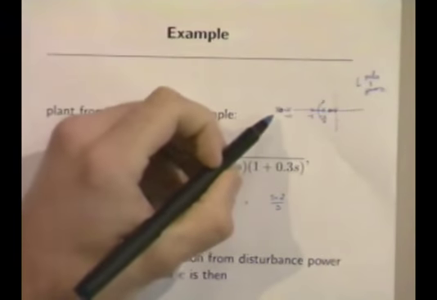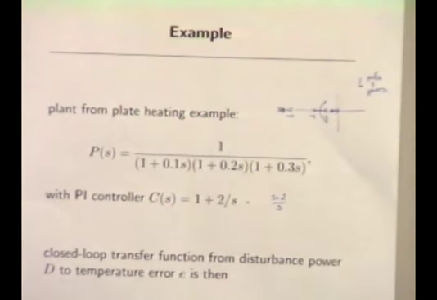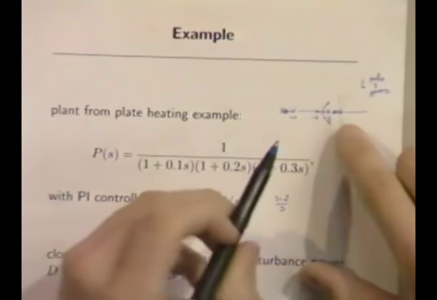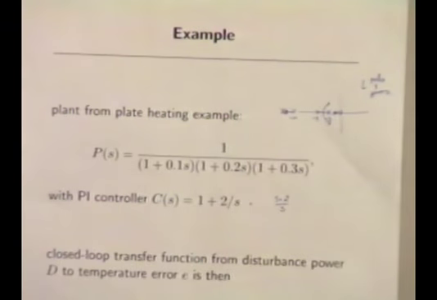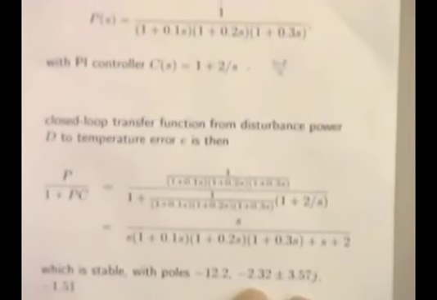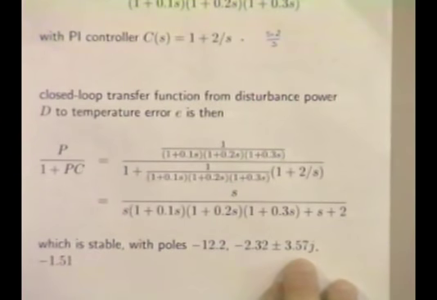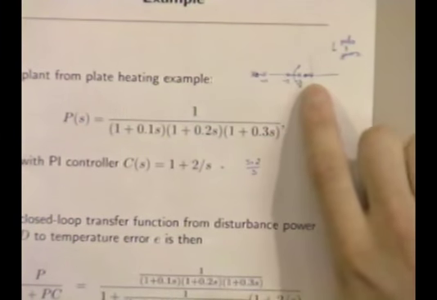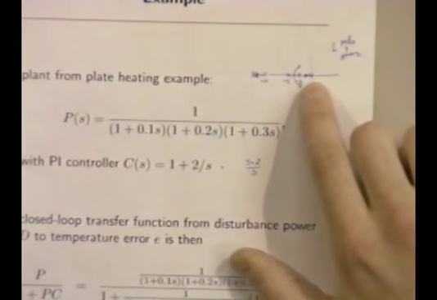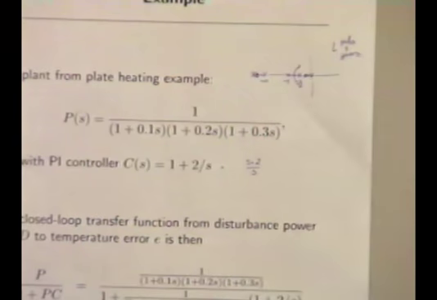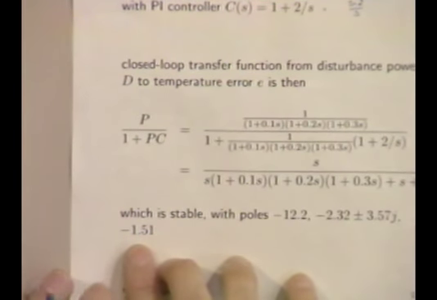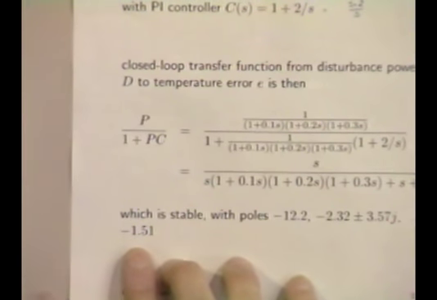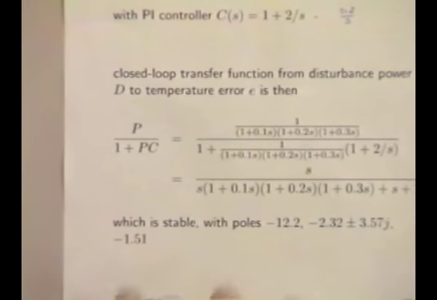This one moves in this direction to -12.2, and these ones join and split similarly to before, and they're now at this frequency. Finally, the pole that we have at the origin moves toward the 0, and eventually, at the choice of controller parameters we have, it's at -1.51 radians per second.